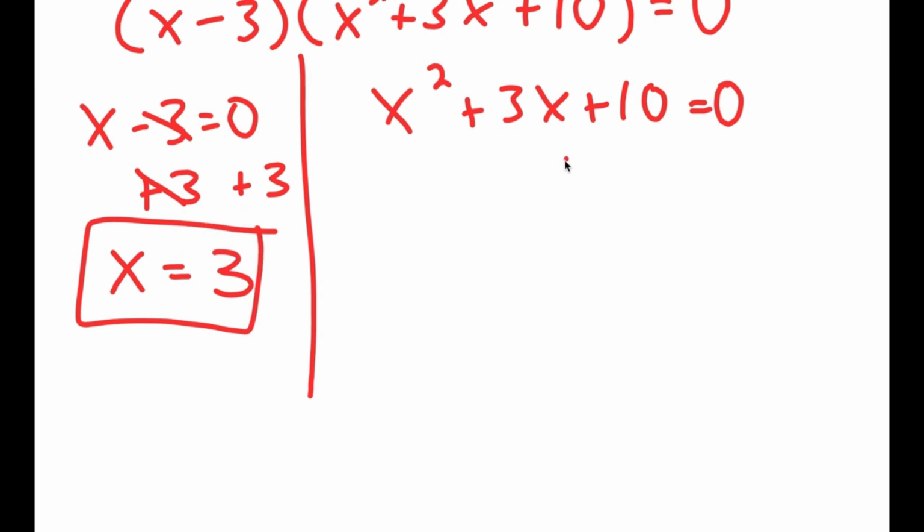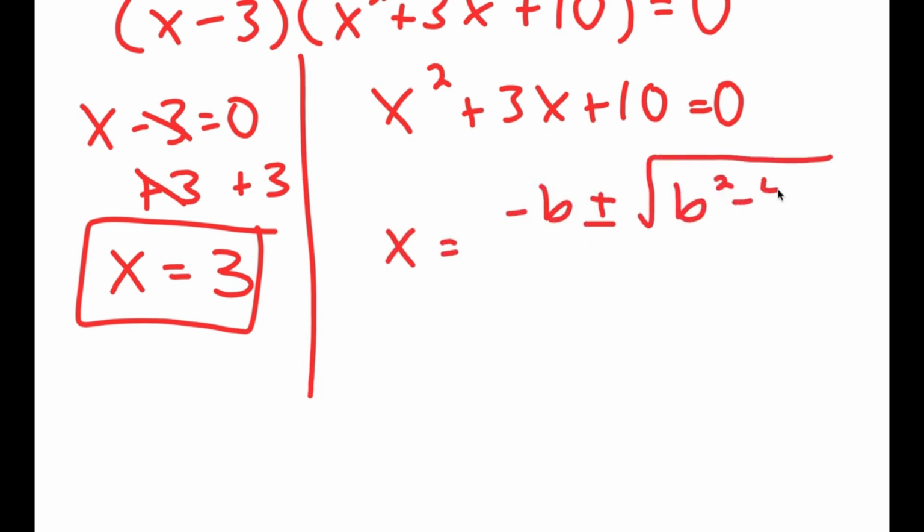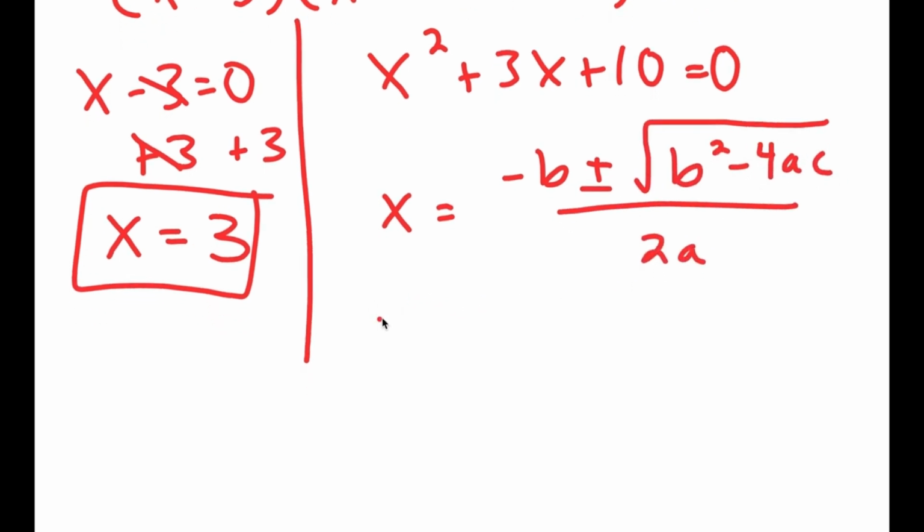Now, for x squared plus 3x plus 10 is equal to 0, this is a quadratic equation, meaning I can use the quadratic formula to solve this. So recall that the quadratic formula is negative b plus or minus the square root of b squared minus 4ac all over 2a. So in this case, a is 1, b is 3, and c is 10.